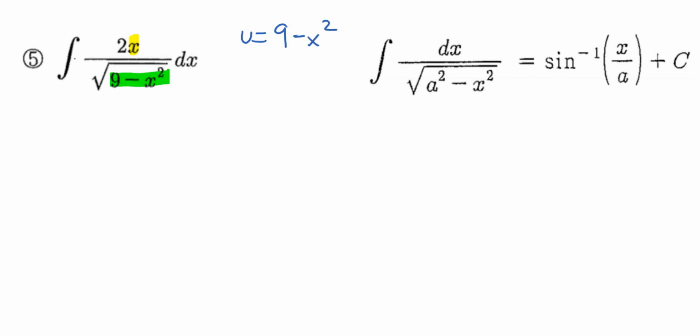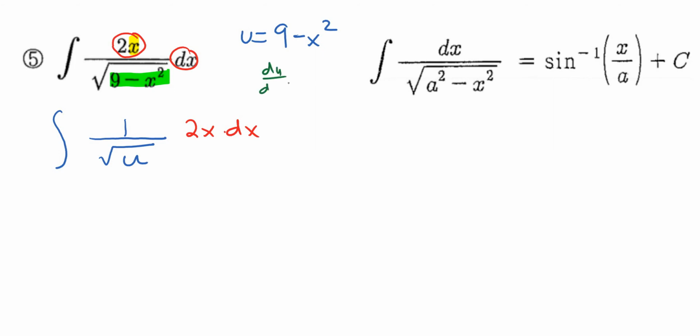Okay, and if I do that, I will rewrite this as the integral of 1 over the square root of u, and then this 2x and the dx, I'll put that together as a team here. So 2x times dx there on the right hand side. And then let's go ahead and find the derivative over here. So du over dx is going to be negative 2x. And that's looking pretty good because I see a 2x over here.